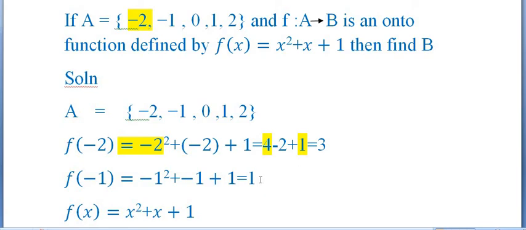So plus into minus, what will you get? Minus 1. Again we get plus 1. So 1 minus 1 is 0, 0 plus 1 is 1. The answer is 1.